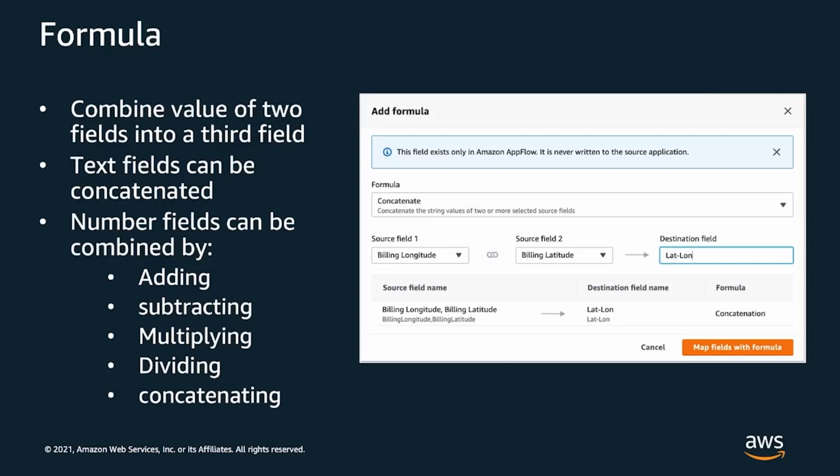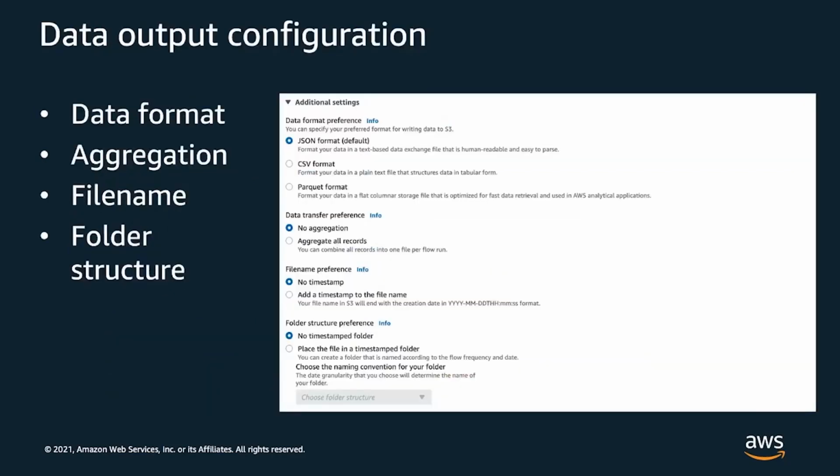It allows you to take the value of two fields, do some type of formula on it, and then output that data to a third field. So in this example, I'm taking the billing longitude and the billing latitude, and I'm creating one single field called lat long that I might use somewhere else to pull some geo information.